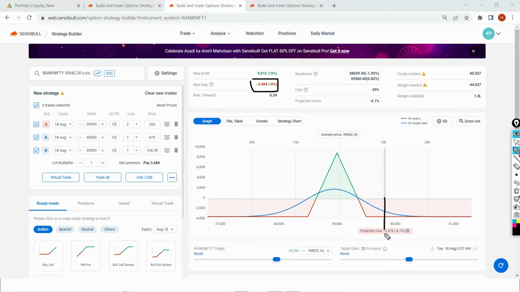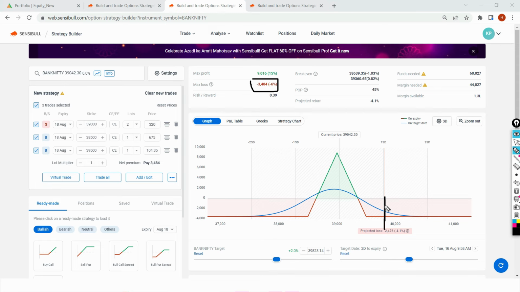Even then, your loss will be only 2,476. Simple, friends. A butterfly will show you loss only close to expiry, maybe on Monday or Tuesday. This is not like your plain debit spread. This is a sort of Vega neutral, where we are giving very little debit.